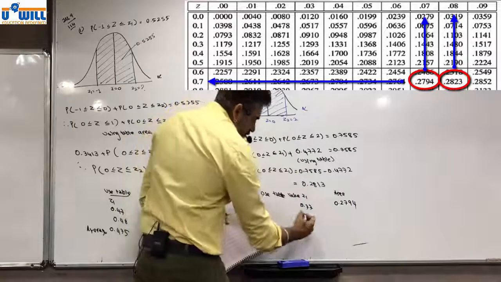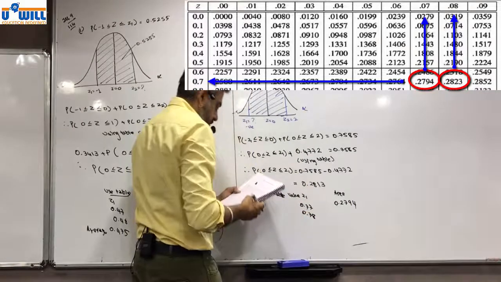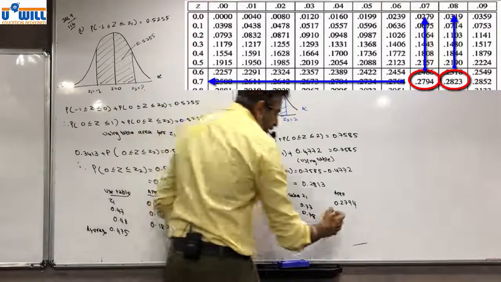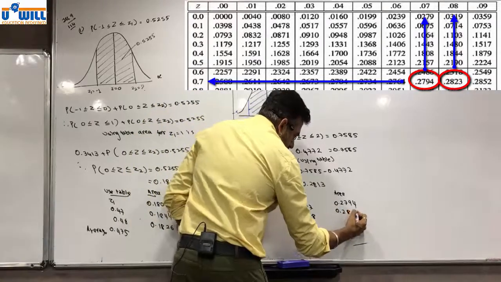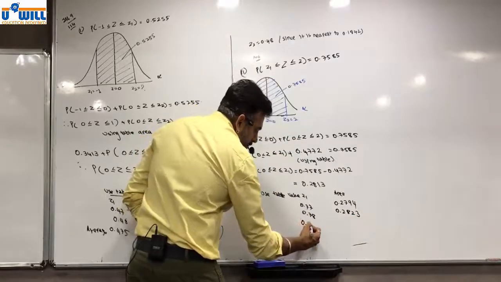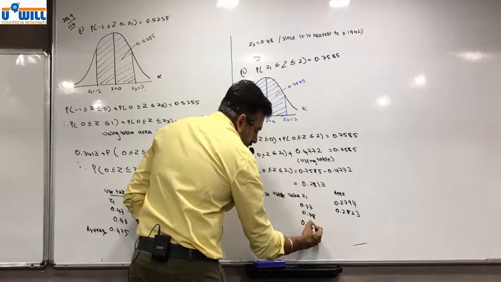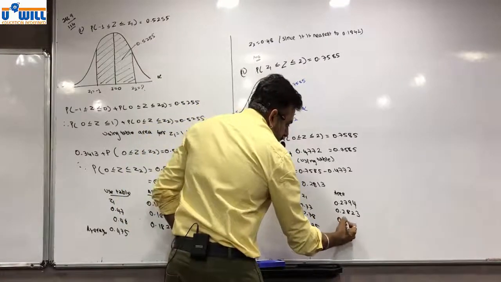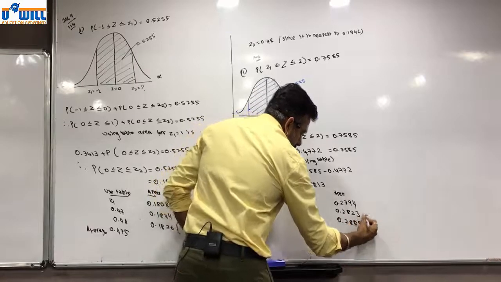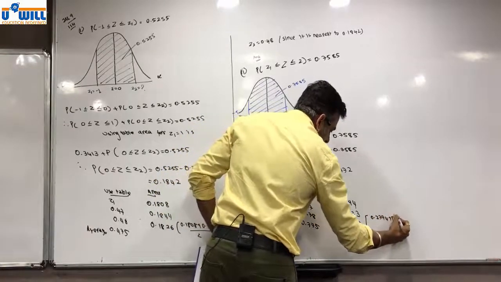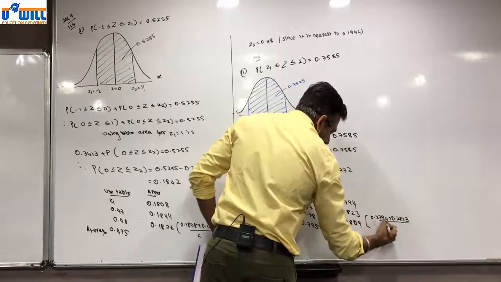Then 0.78, which is equal to 0.2823. Now, इन दोनों का एवरेज is 0.775. इन दोनों का एवरेज 2809, which is 0.2794 plus 0.2823 upon 2.